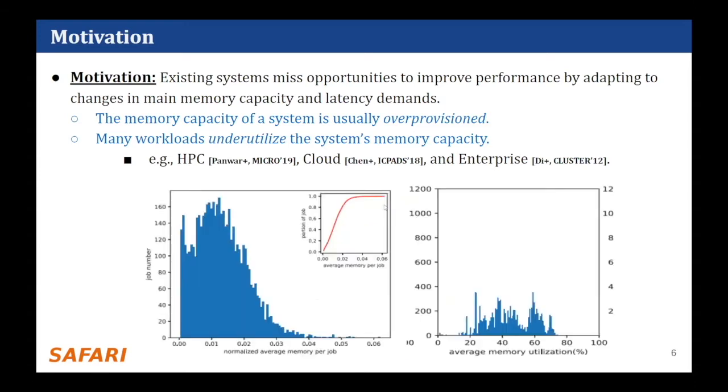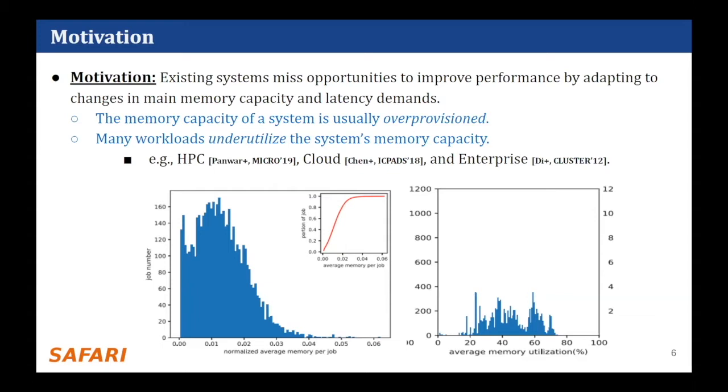These two figures show the memory utilization for cloud workloads. The sub-figure on the left shows the average memory utilization of batch workloads. As you can see, most of the batch workloads don't even use more than 5% of the system's memory capacity.